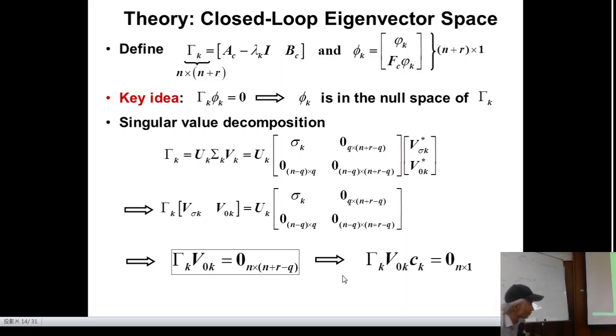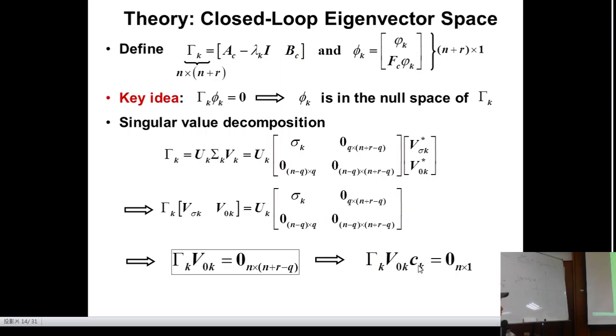So here I add ck. It means any combination of V0k. Assume V0k has two vectors there. Any combination of these two vectors can be your null space vector, right?